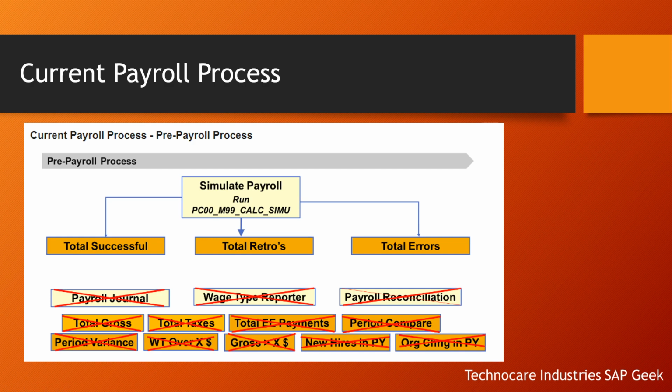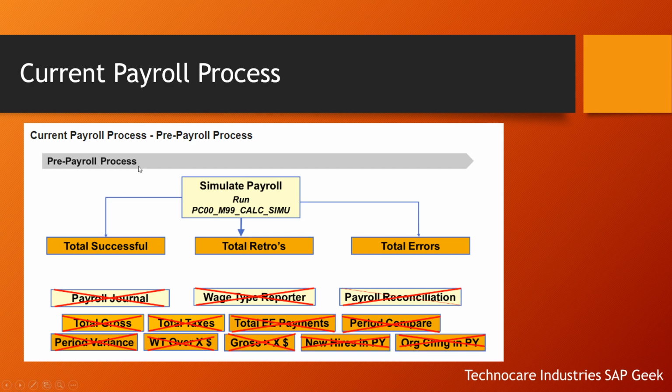Let's say for the month of December we have already completed the payroll results, and we have to run payroll for January. Typically, the administrator will start creating payroll results on, let's say, the 27th or 28th of January, right? From the 28th onwards the payroll results will be there, all the corrections will be done, and subsequent activities will be completed. But the process which can be done before creating live payroll results is called the pre-payroll process.